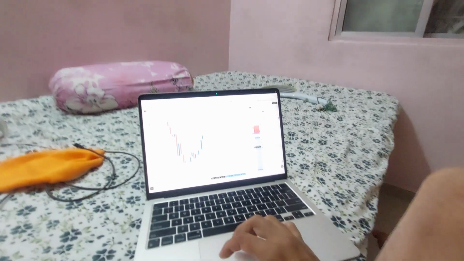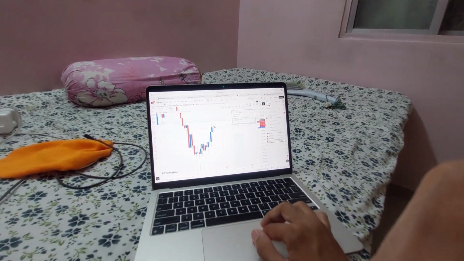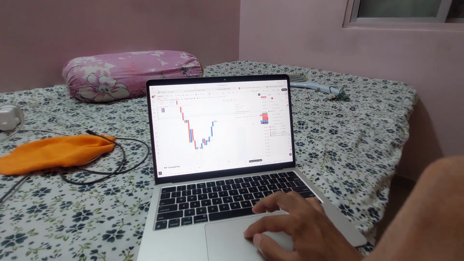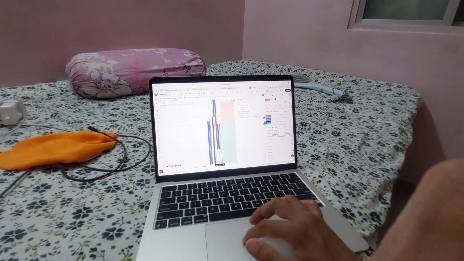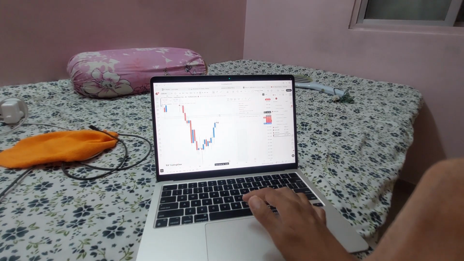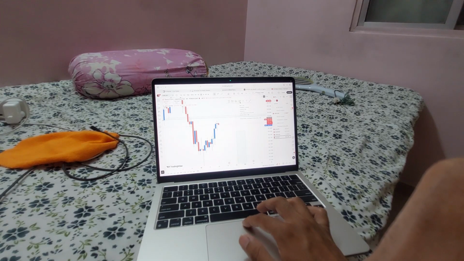The 4 hour has shifted bullish. This is bullish. So weekly is bullish, daily is bearish, and the 4 hour got bullish. That means this trade is not ready to go down completely.